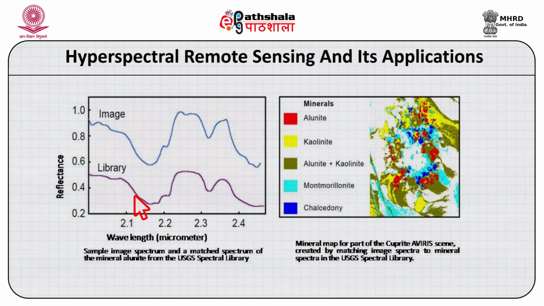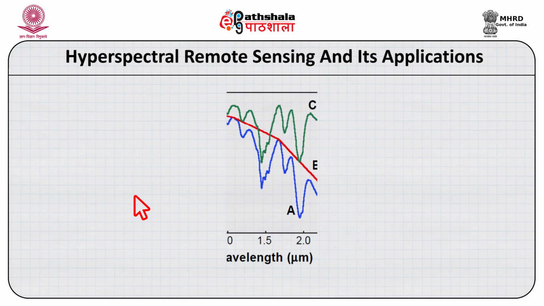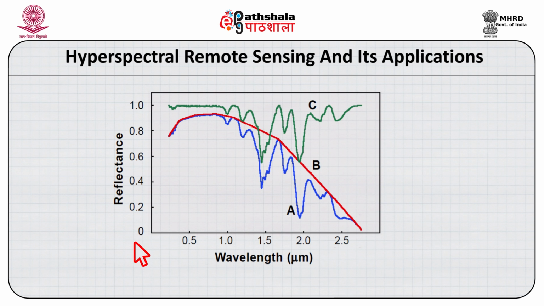Now, if you see figure 11, it shows the reference spectrum of the mineral gypsum. It shows what kind of reflectance there is in a particular wavelength region for gypsum. If you take gypsum and see the wavelength region for A, B and C, A has several absorption features, curve B shows the continuous spectrum, and C is the spectrum after removal of the continuum.